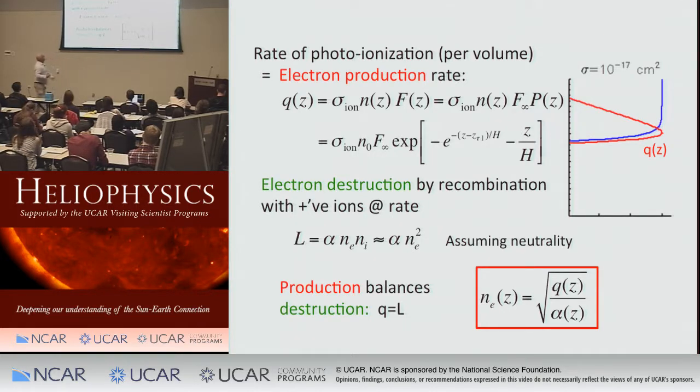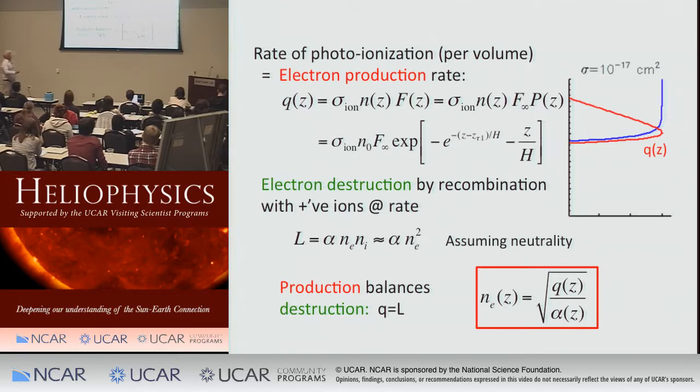Now, the interesting thing is the production rate is proportional to the number of things that I can hit and create an electron, proportional to n. The destruction rate, I need to have two things to create a neutral atom. I need the electron that I created, and I need the ion. And the rate is going to go as the product of those two densities.